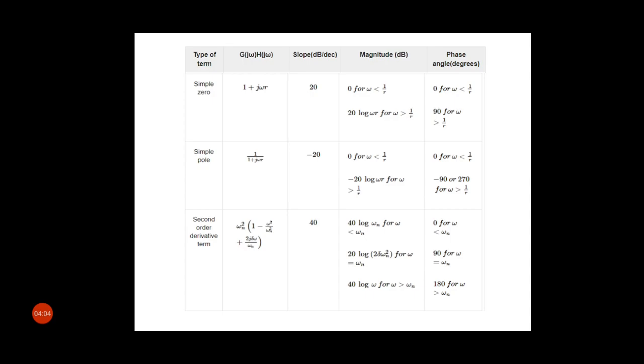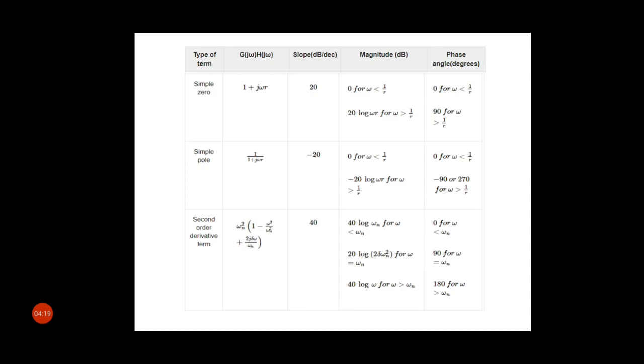Now if we have a simple pole, that means G(jω)H(jω) equals 1 by 1 plus jωτ, then in that case our slope will be minus 20 dB per decade.